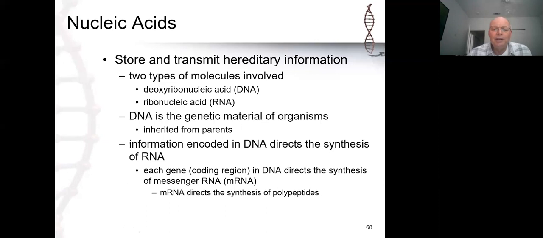RNA is involved in extracting the information out of the DNA in a form that can be used to assemble polypeptides and proteins, which is typically what the information in the DNA codes for. It contains coded information for the assembly of polypeptides and proteins. And so RNA acts as an intermediate, specifically a type of RNA known as messenger RNA or mRNA, but there are other RNAs that are involved in the process as well.